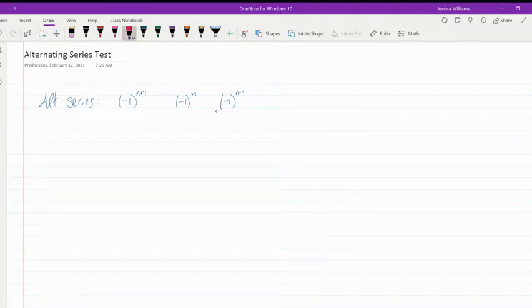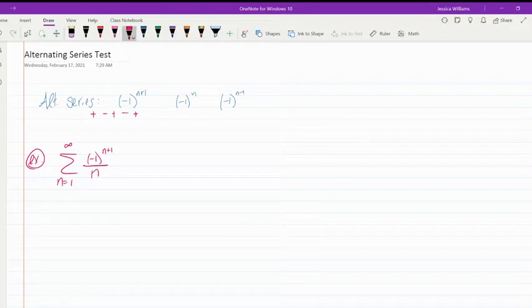So for example, the first one we're going to do is this series. I'm going to make it +1 up here. That series. So if you're not sure if a series is alternating or not, because sometimes they're tricky, the only way to be alternating is if you go positive, negative, positive, negative. You can't go positive, negative, negative, positive.